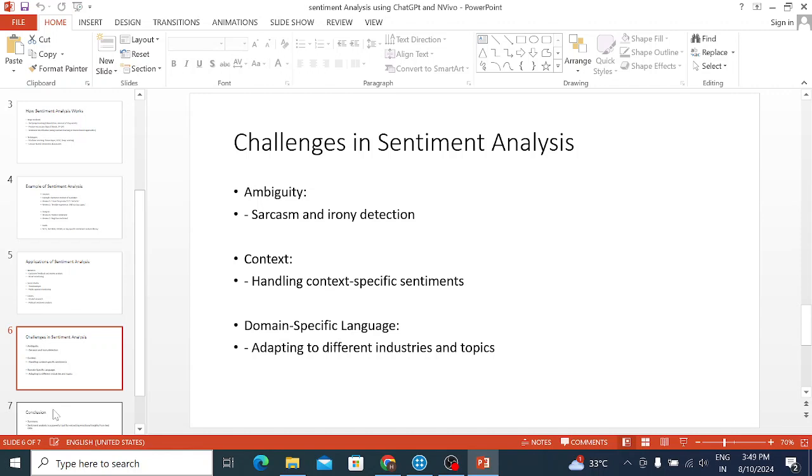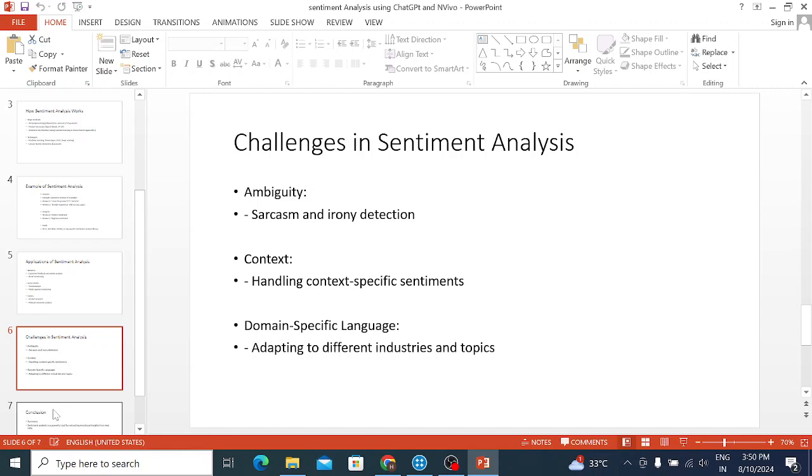The algorithms or programs for sentiment analysis are not foolproof. There are still some challenges. For instance, there is no foolproof mechanism for identifying sarcasm or irony detection. That's very difficult to do.